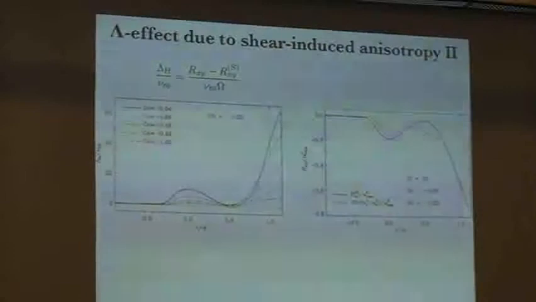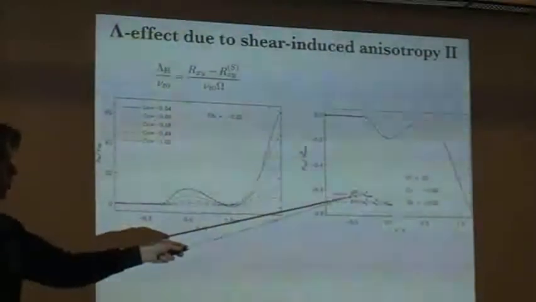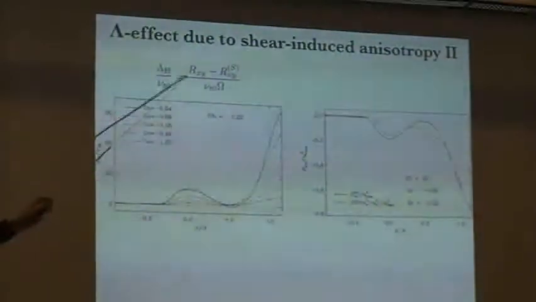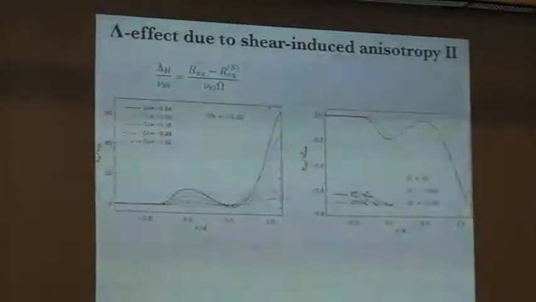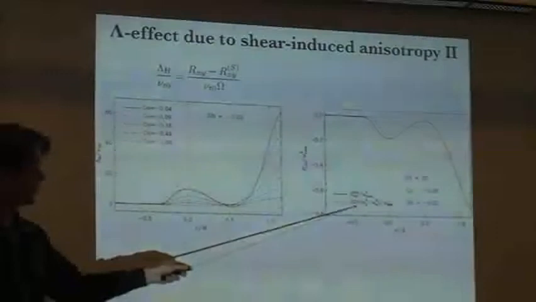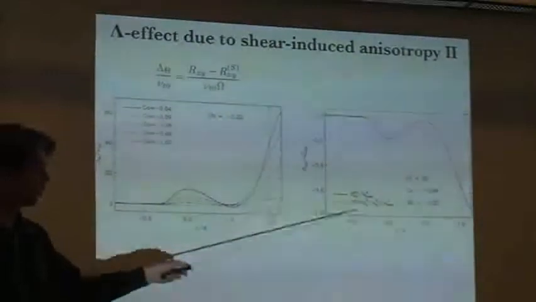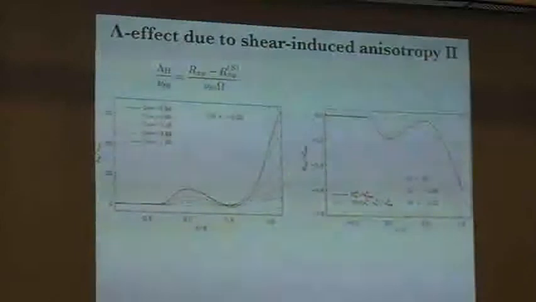And what I have done here on the right is just to take this rotational contribution to the stress, which is also computed now from here, as the difference between the total stress and the diffusive stress. Then I compare it with our analytical results for the lowest order contribution to the lambda effect.